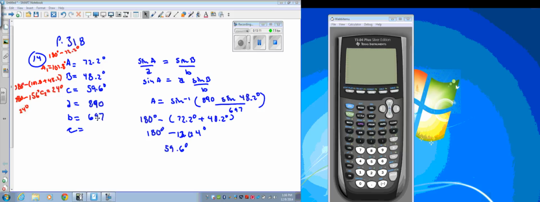The way we find side C is to use the law of sines, with the angle that was given to us in the problem. So we'd want to use that ratio, sine B, otherwise we might have rounding errors.